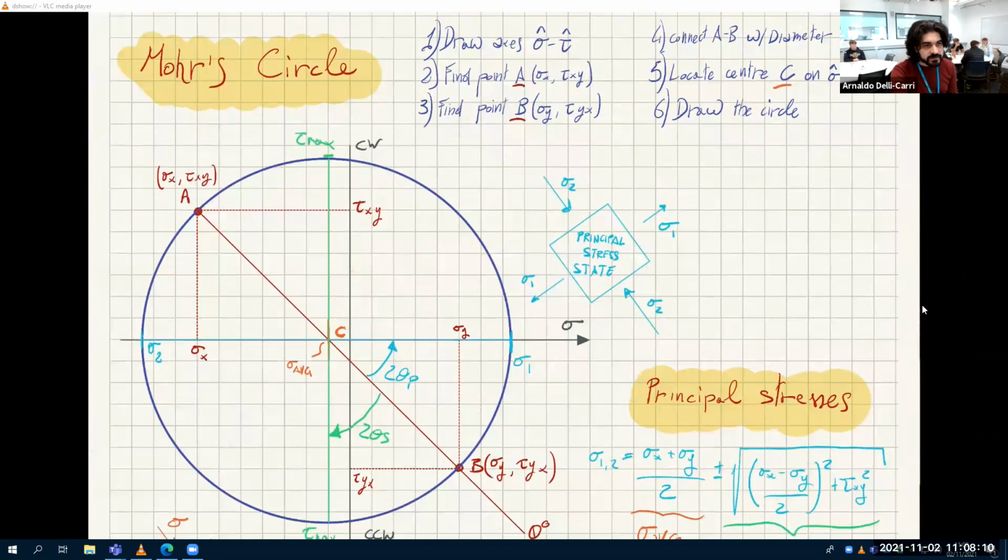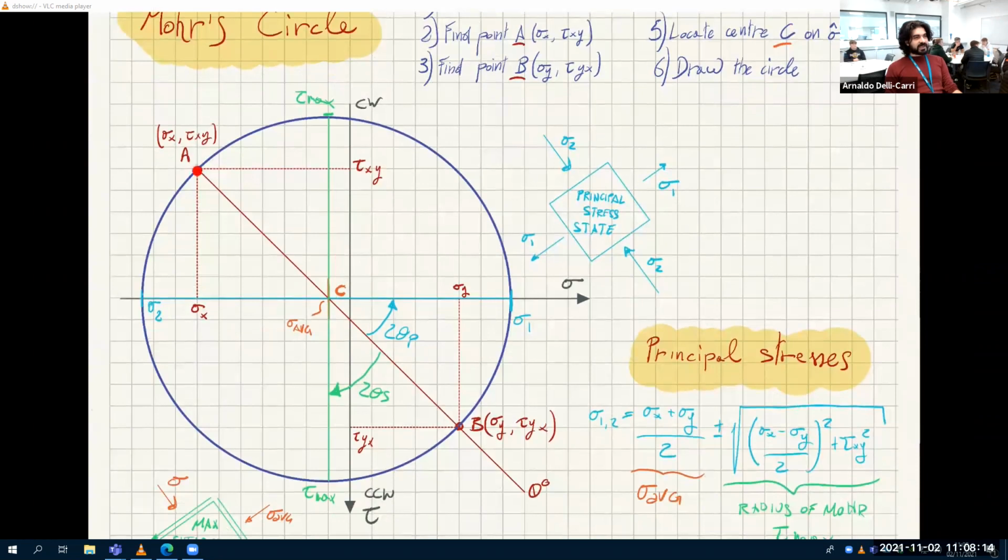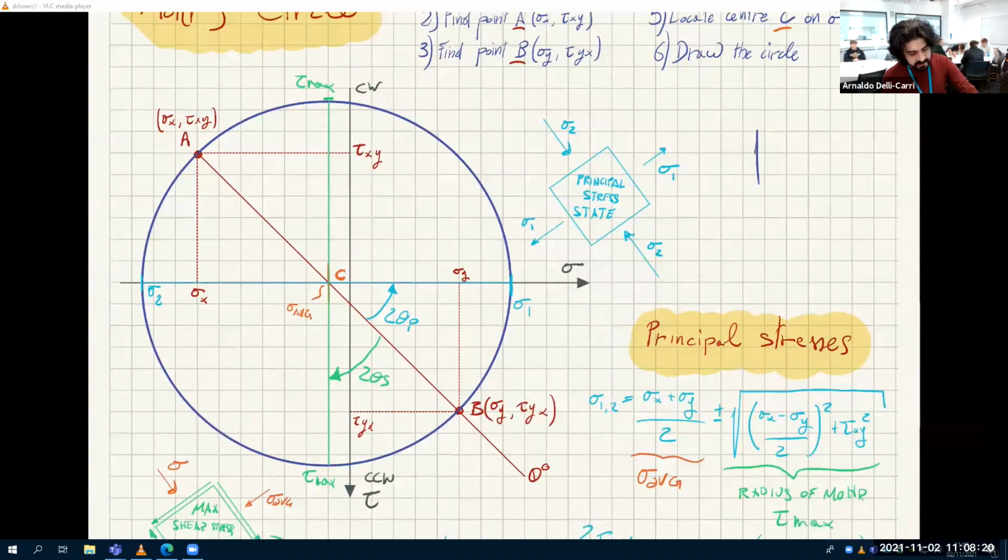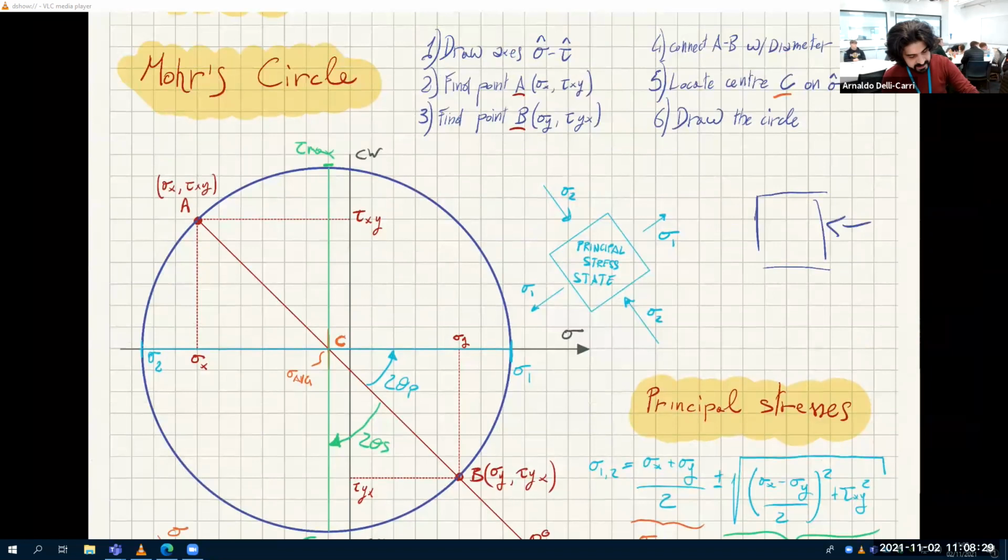Close this. Looking at this, so this A and B represent the stress state on the infinitesimal. So this is the infinitesimal. So this is sigma x. In this case, sigma x for point A is negative and sigma y is positive.